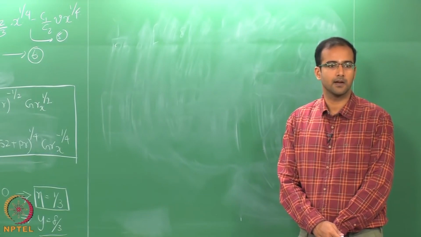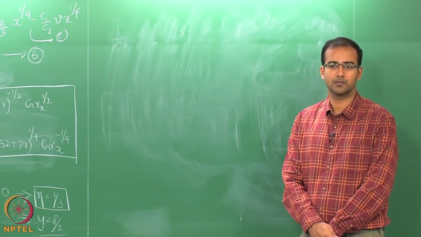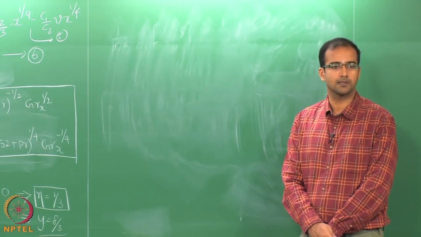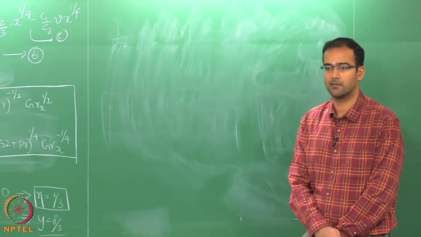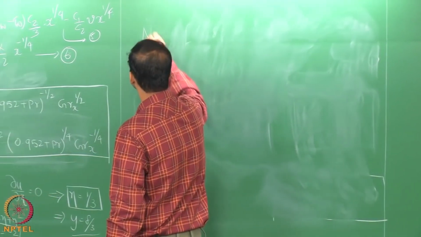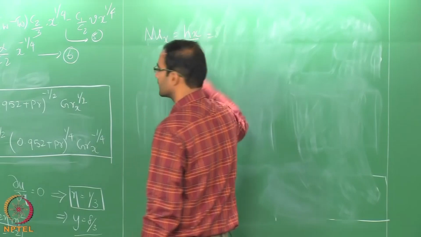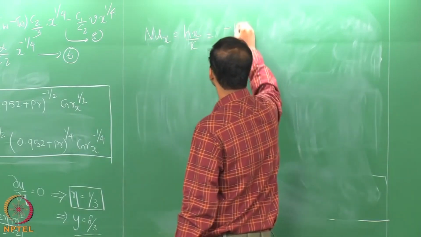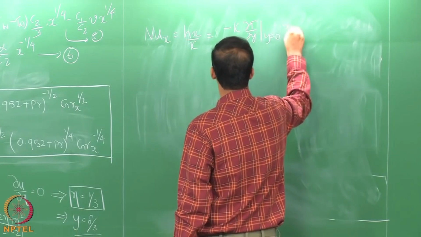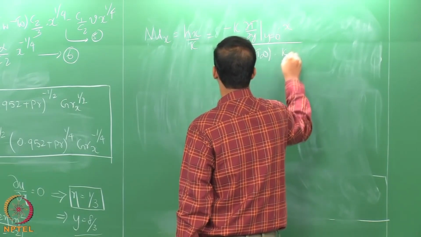Nusselt number finally. Okay. We have the exact solution from O star. Now similarly, we have to get a correlation for Nusselt number from this. So how do you get Nusselt number? So local Nusselt number Hx by k, which is minus k dt by dy at y equal to 0 divided by t wall minus t infinity into k.